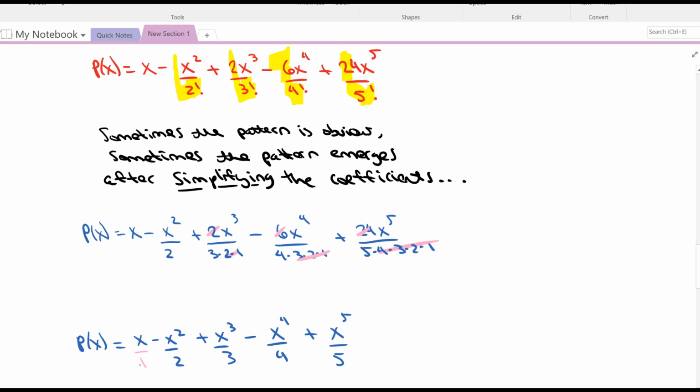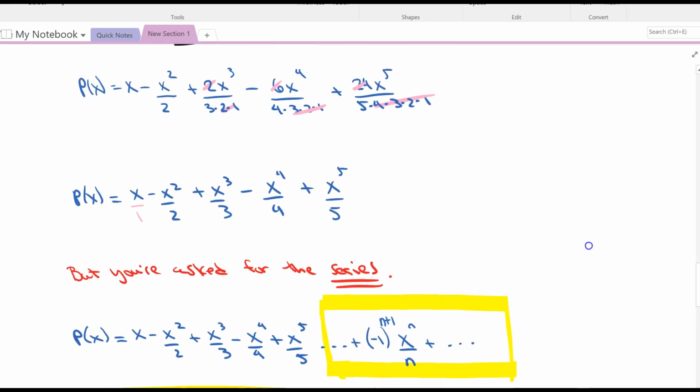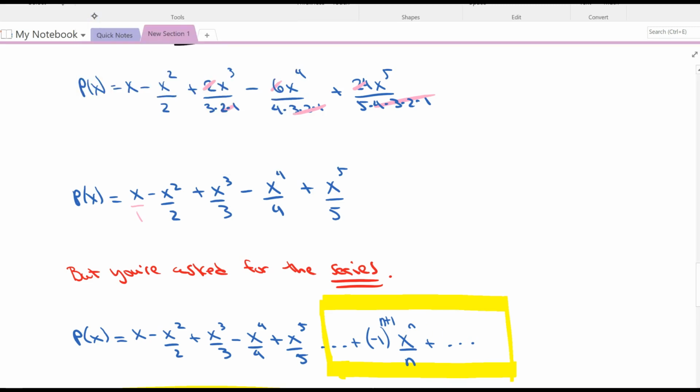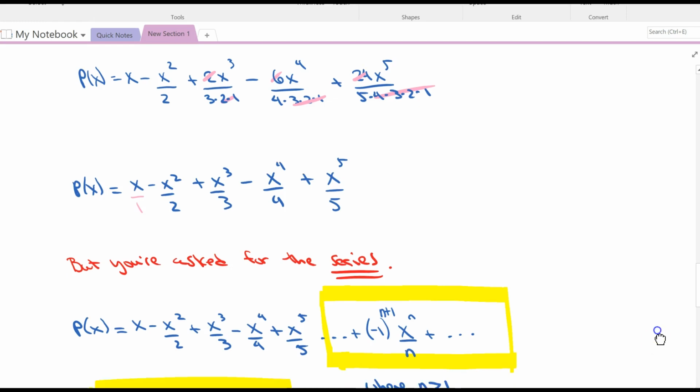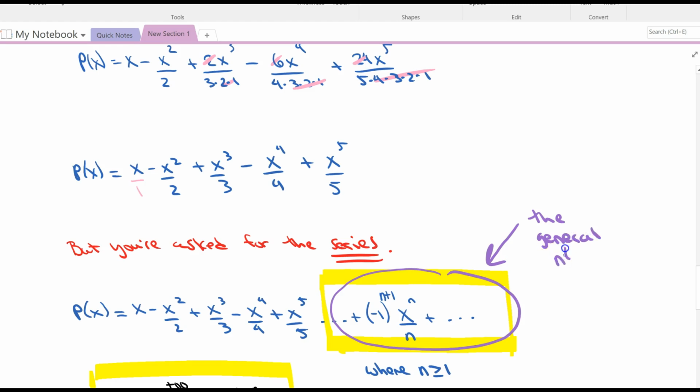And so now here's what's important. Once you observe a pattern, you can now talk about generating the series, okay? So here's the series in expanded form. When you write a Maclaurin series in expanded form, there is a critical piece that you need to have, and it's right here in that first yellow box. You have to show the reader that you know what the pattern is because you generated what's called the general nth term, okay?